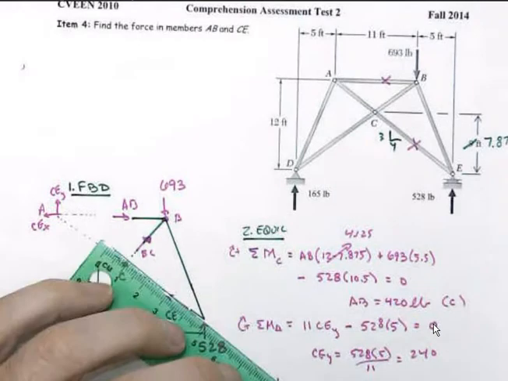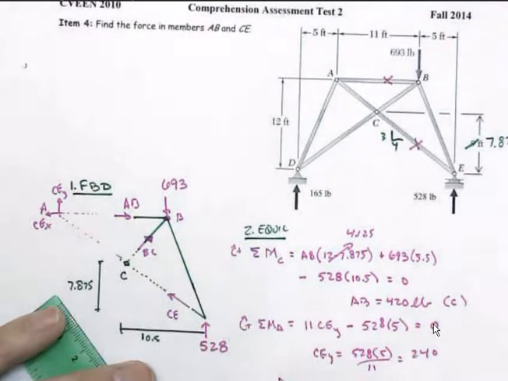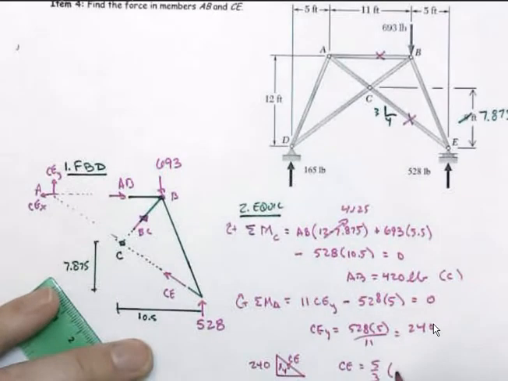And that means that CE is equal to 5/3 of 240. Positive and as shown, and therefore that means it's 400 pounds in tension.